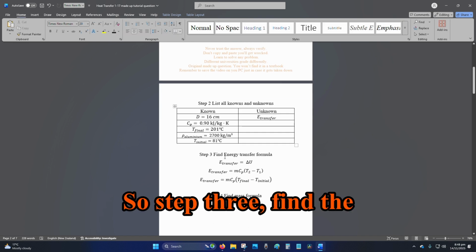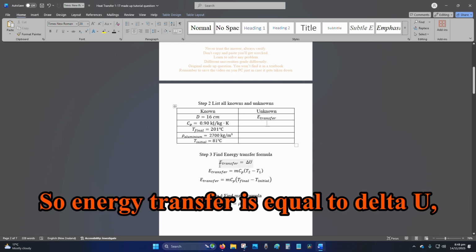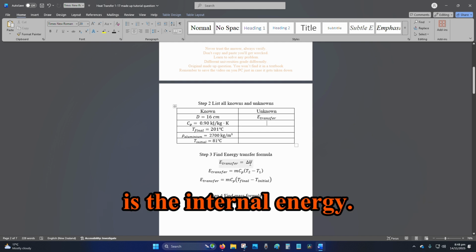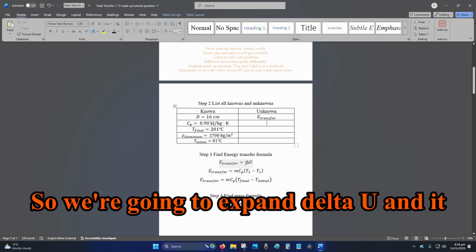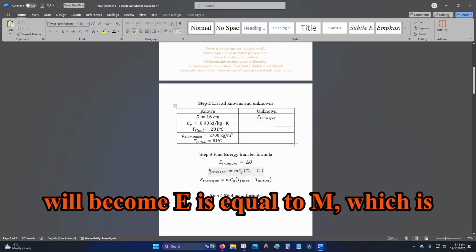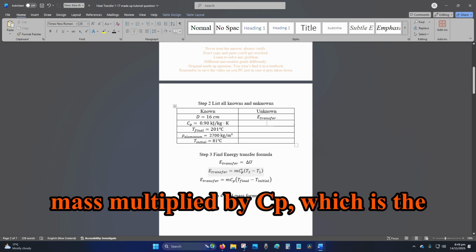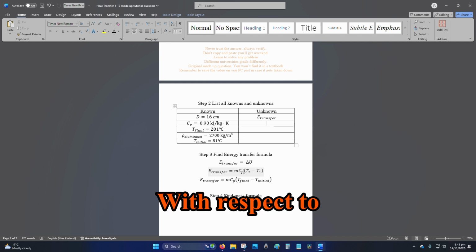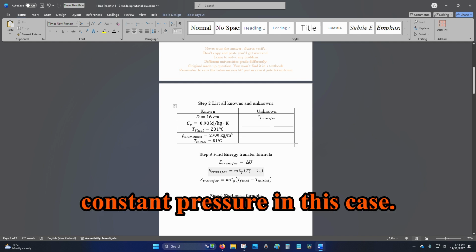So step 3, find the energy transfer formula. So energy transfer is equal to delta U, delta being change, and U is the internal energy. So we're going to expand delta U, and it will become E is equal to M, which is mass, multiplied by Cp, which is the specific heat capacity, with respect to constant pressure in this case.